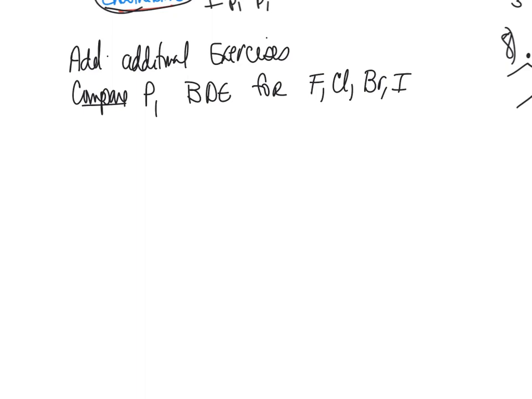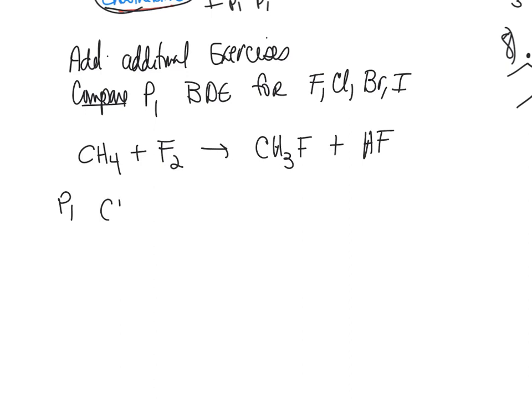So what we'll do is CH4 plus fluorine goes to CH3F plus HF. And so the P1 for that would be CH4 plus F radical goes to CH3 radical plus HF.